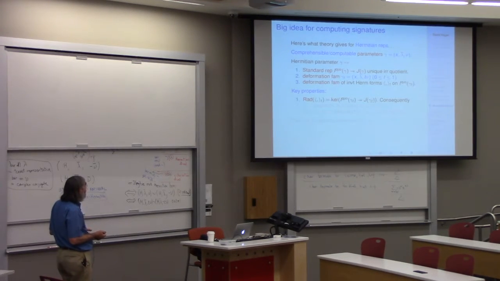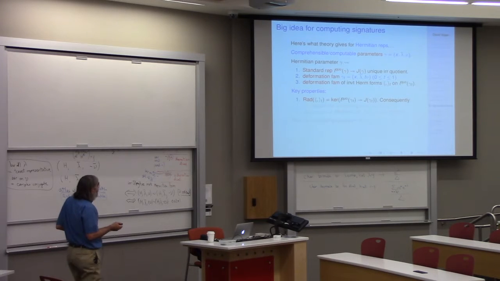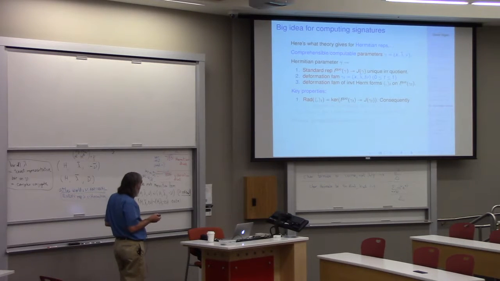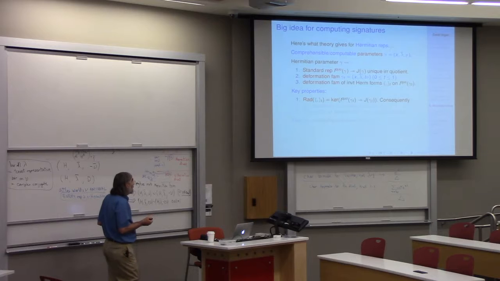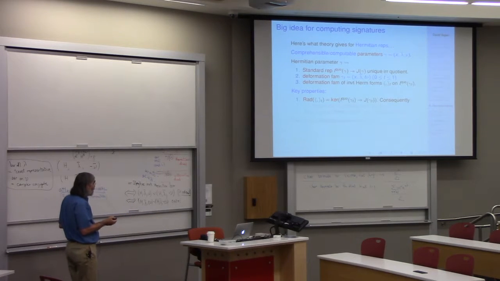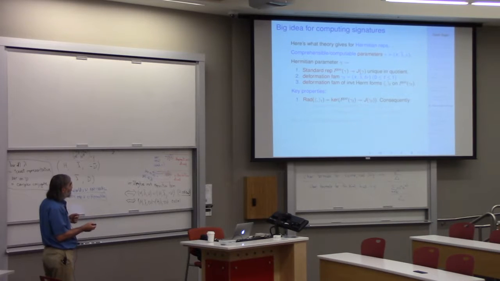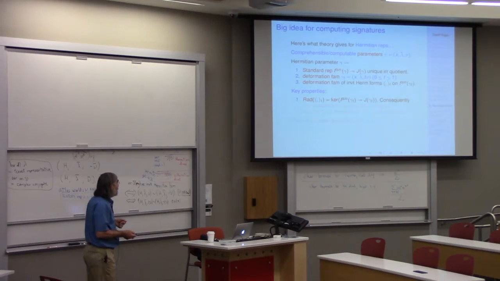The first key property is that if you look at one of these invariant forms, the radical of that form is the kernel of the quotient map mentioned up here from the standard module to the irreducible quotient.